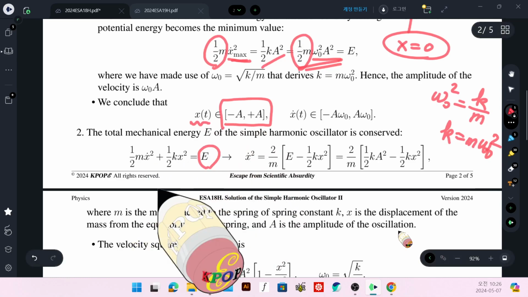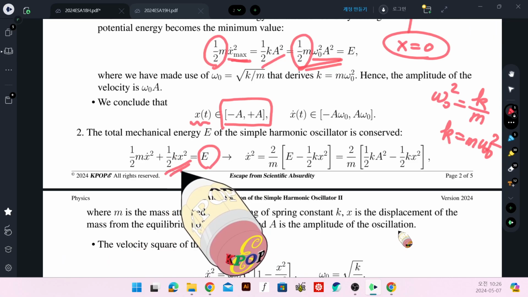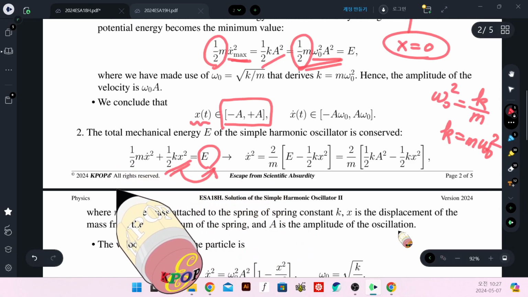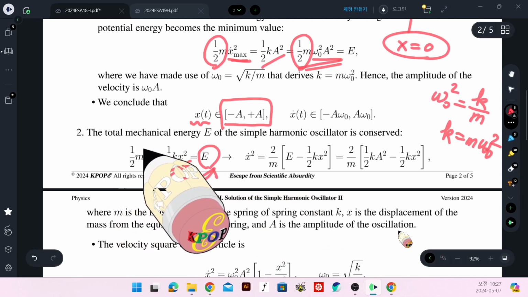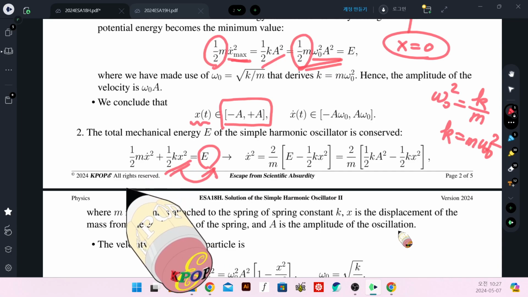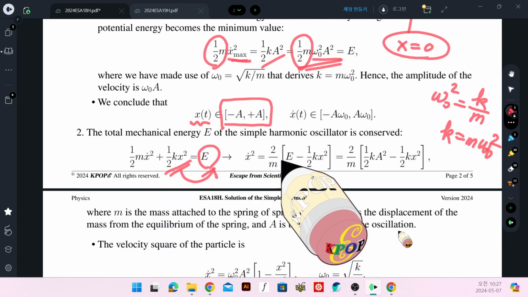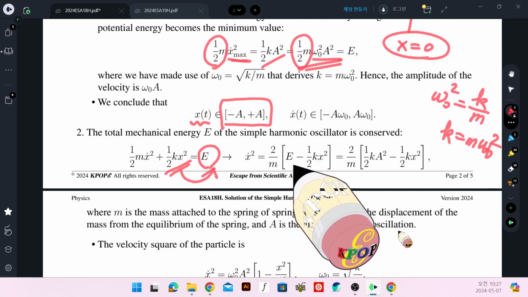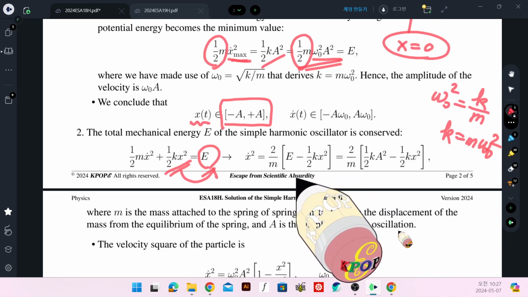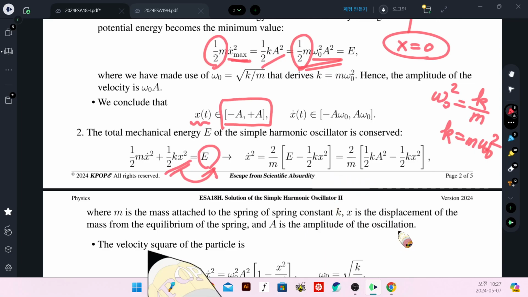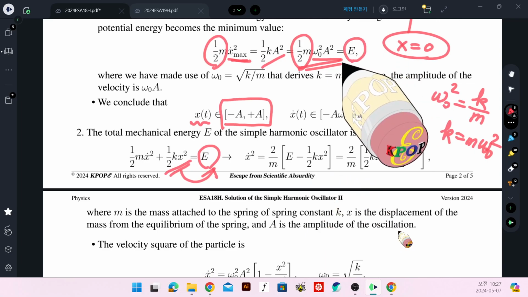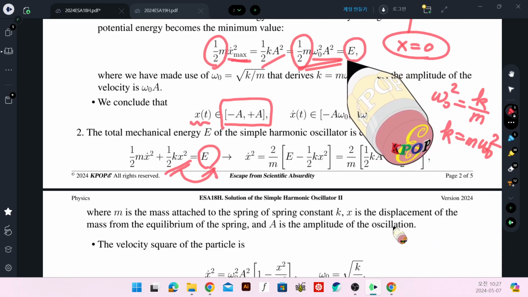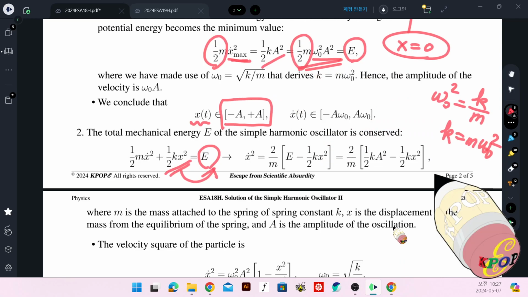We move this kinetic energy term to the right side and multiply by the reciprocal of this factor, 1/2 m. So 2 over m, open the brackets, E minus 1/2 kx squared. We remember the total mechanical energy can be expressed in terms of the spring constant and amplitude.